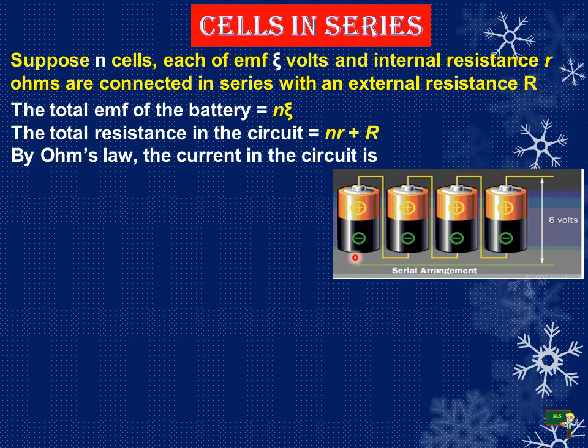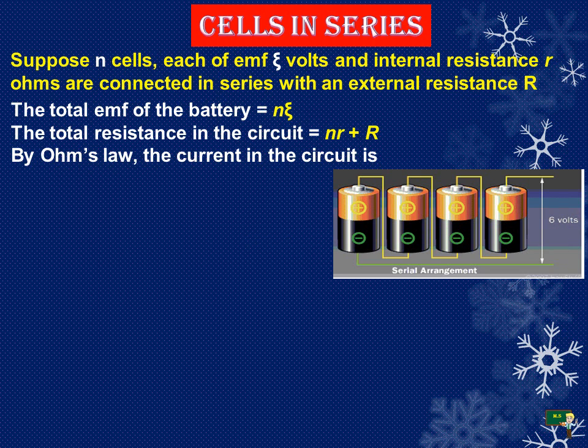But the negative terminal of the first battery is directly given to the circuit, and the positive terminal of the fourth battery is also directly given to the circuit. This will produce current for the total volts. Here they have given 1.5 volts per battery, that means 1.5 plus 1.5 plus 1.5 plus 1.5, so totally 6 volts.